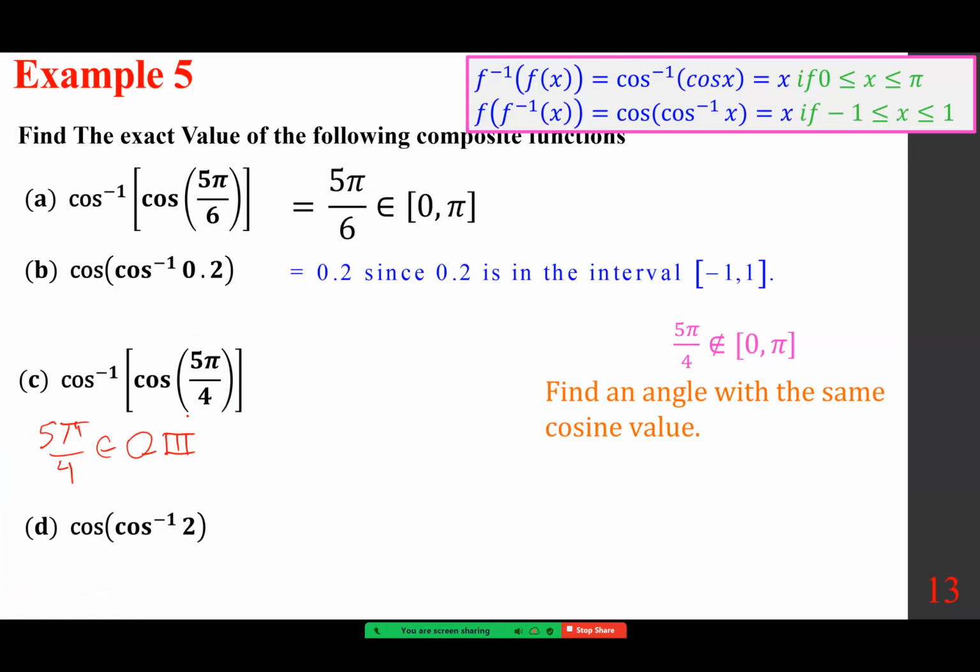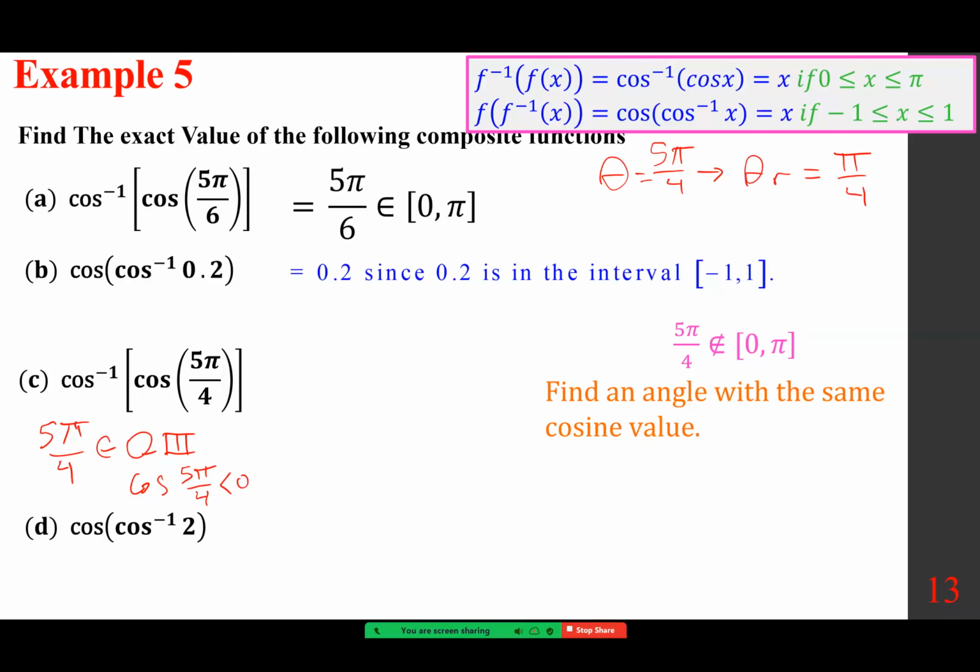In the third quadrant, cosine is negative. The reference arc is used, and the reference arc is pi over 4. So let me write that. For 5 pi over 4, the reference arc is pi over 4.